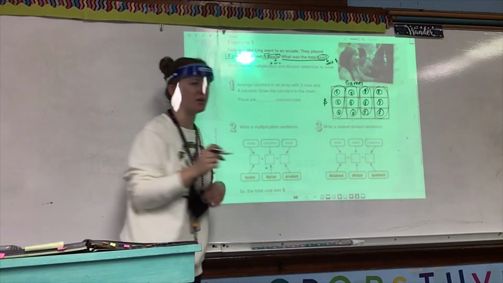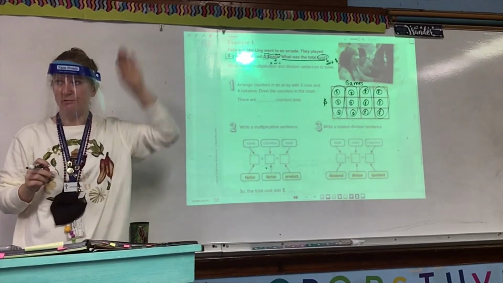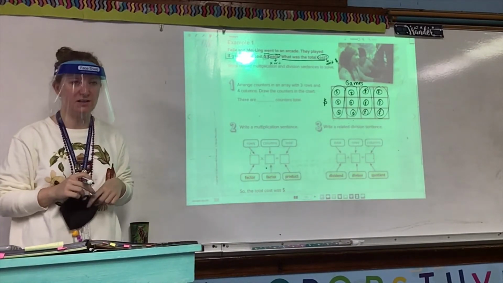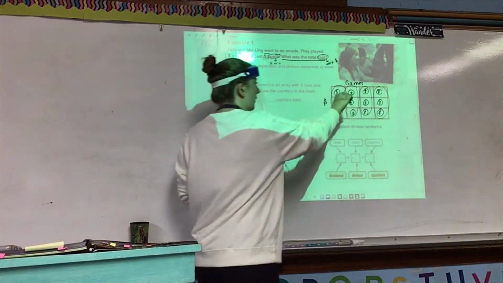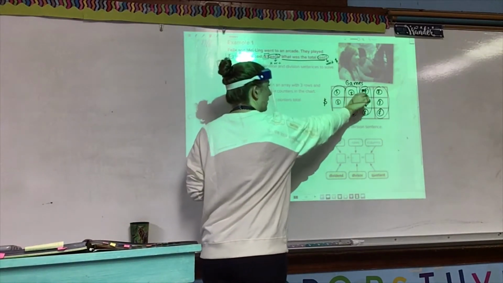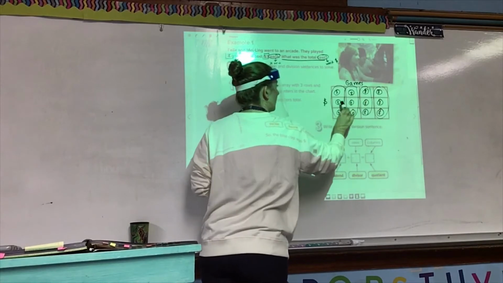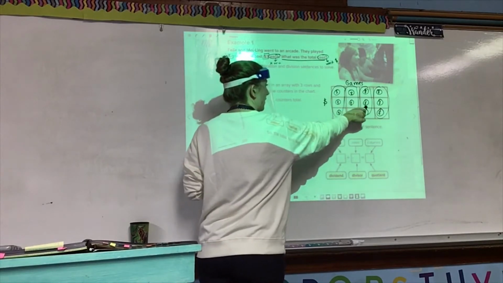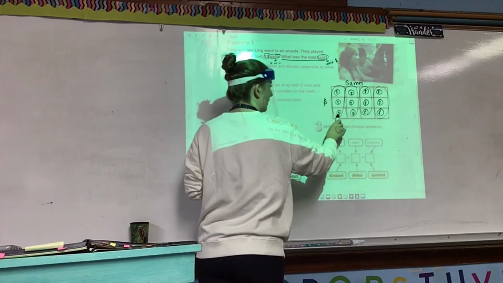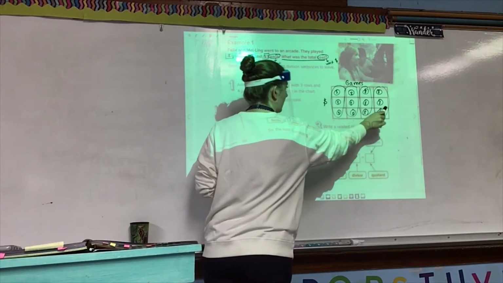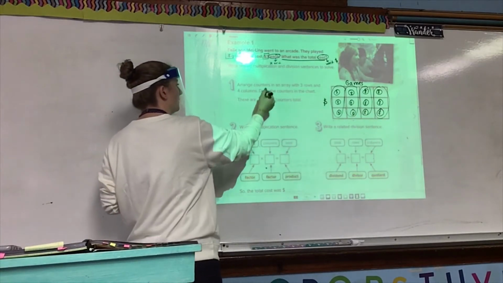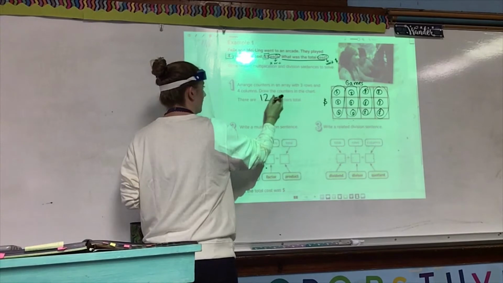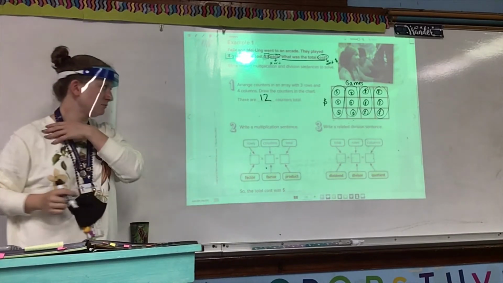How many counters are there? Colin, let's count them. 1, 2, 3, 4, 5, 6, 7, 8, 9, 10, 11, 12. So how many counters are there? 12. There are 12 counters total.